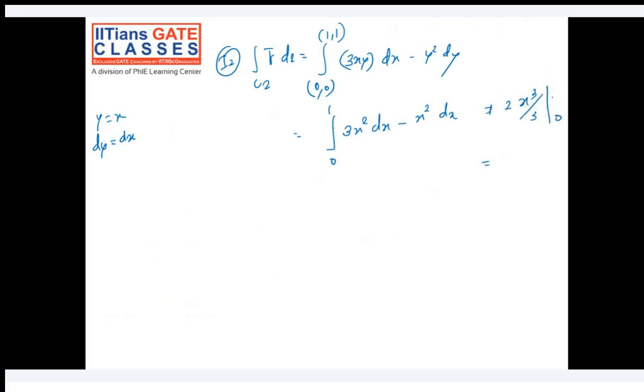So integration of f bar dr bar over C1 plus C2 will be 5 by 12 minus 2 by 3, which is minus 1 by 4.